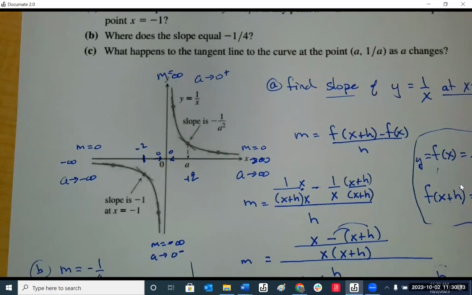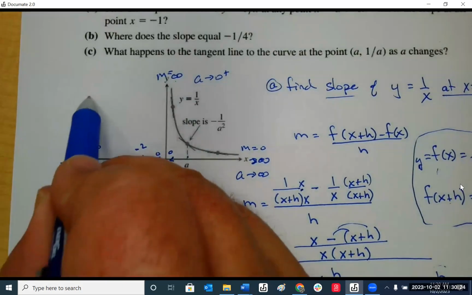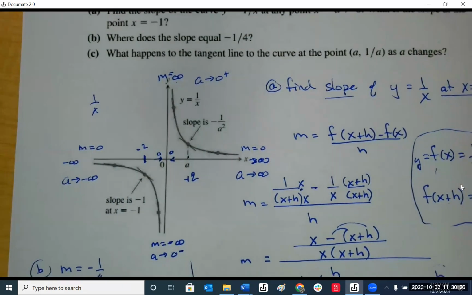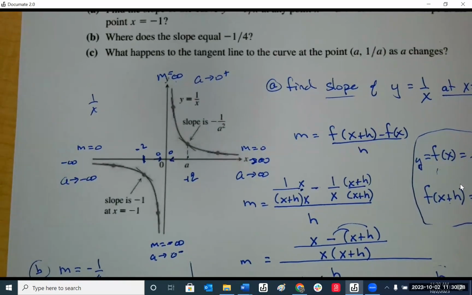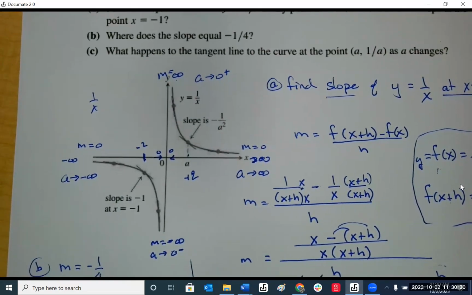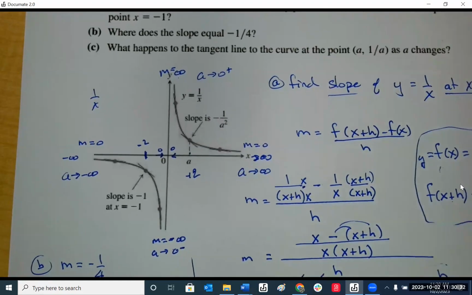It's pointing straight down. They are reciprocal, inversely related, because our function is 1 over x. It's either going to be in the first or third quadrant. All right.